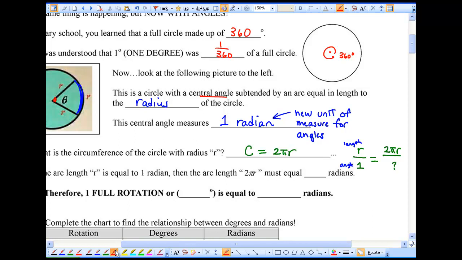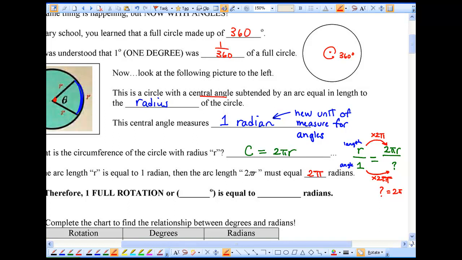If you think about proportions, I'm asking r times what gives you 2 pi r. And I hope you know that it's 2 pi. So therefore I should take 1 and multiply by 2 pi to give me the question mark. And of course the question mark should be equal to just 2 pi. So the arc length 2 pi r must equal 2 pi radians.